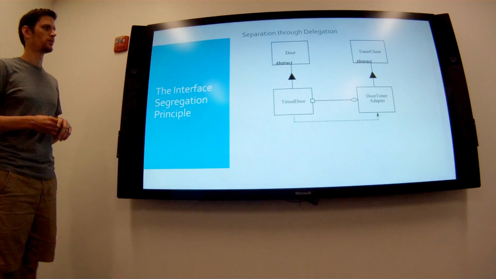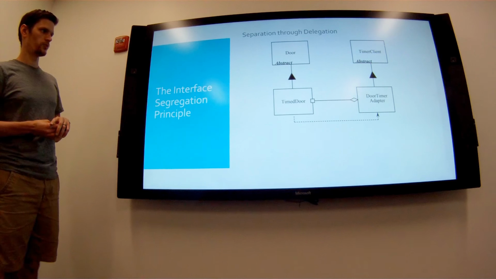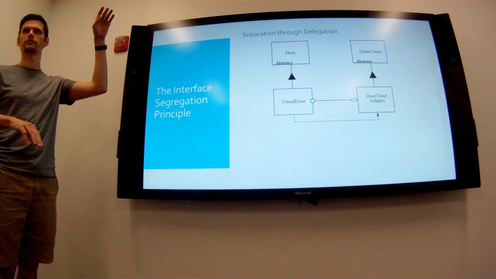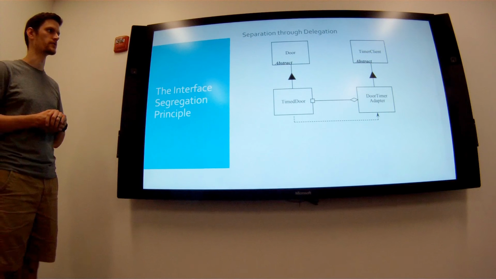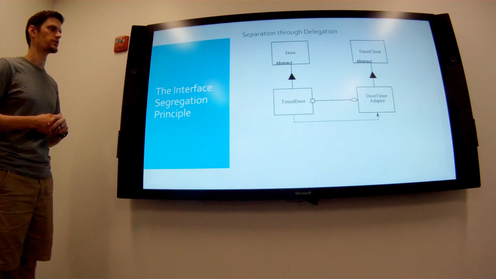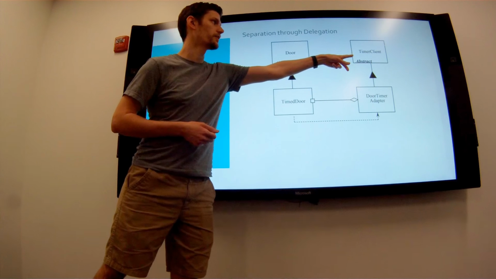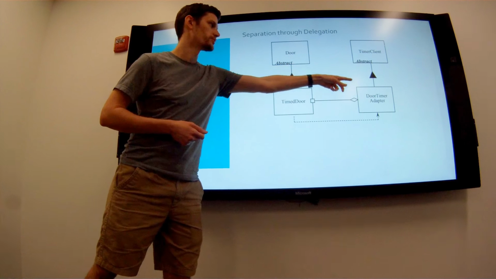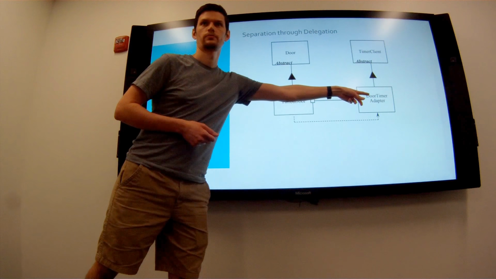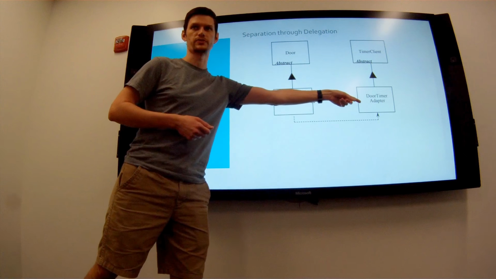Okay, so here's what we can do rather than the tree of inheritance, or the deep inherited structure. We can take an adapter class that now provides the timer client interface, but it's specific to doors, a timer for the door specifically.